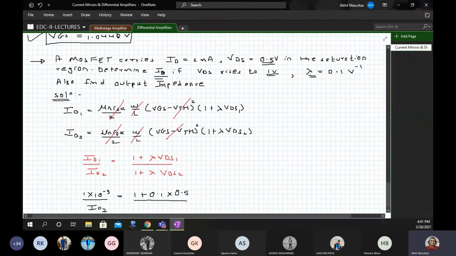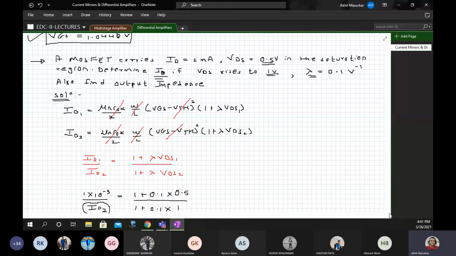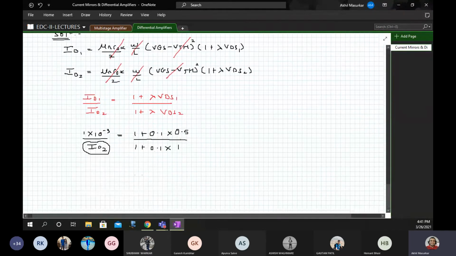Rises by would mean 0.5 will become 1.5, but rises to means it will actually become 1 volt. So I think you all can see that there is just one unknown, that is ID2. So please tell me what is the value of ID2.